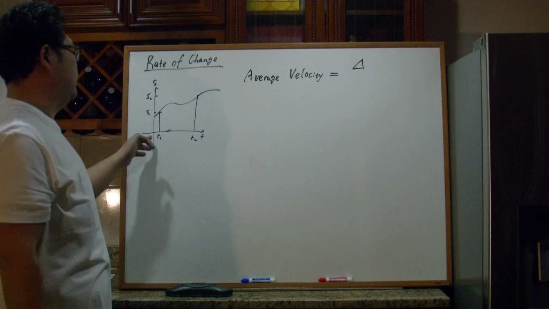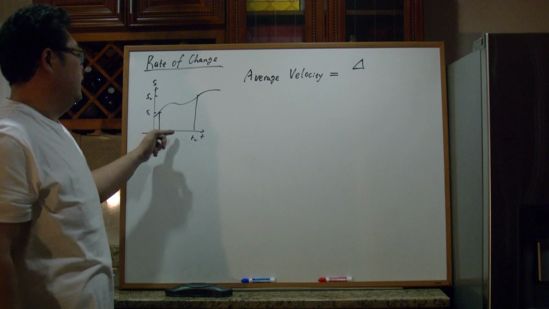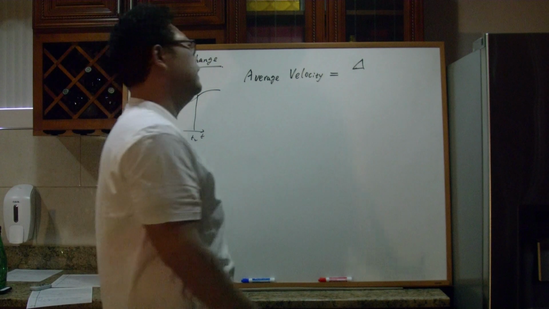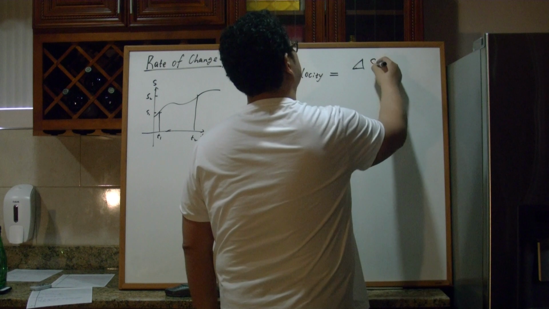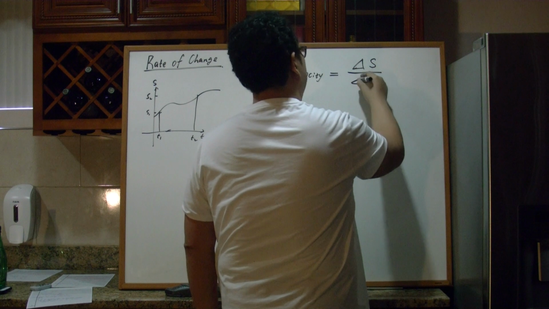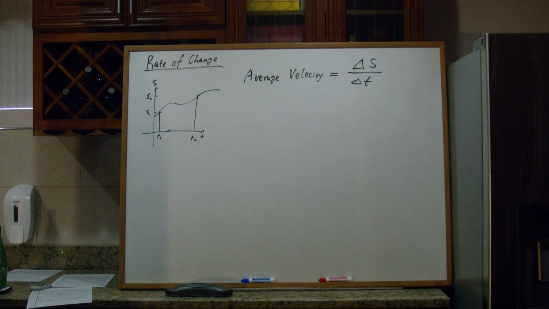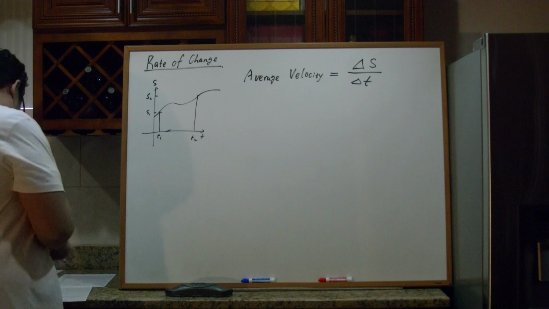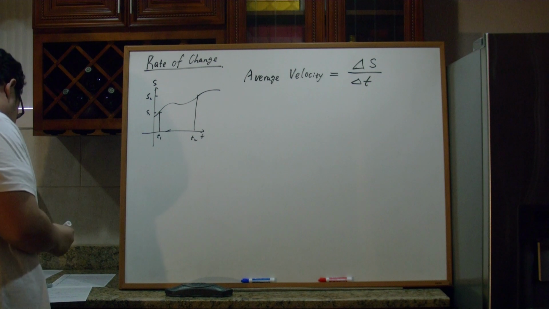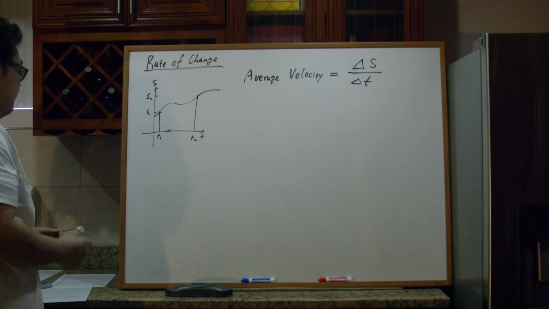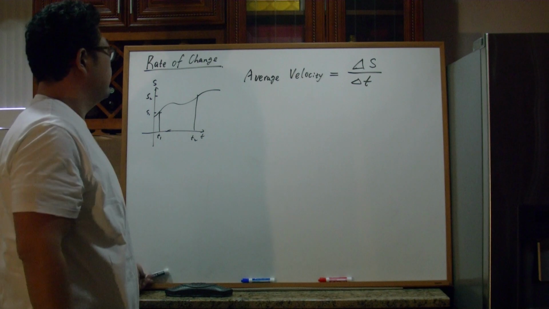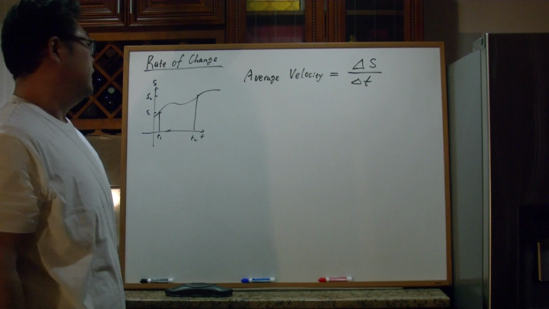And for the time along the path, the distance over the time is called average velocity.